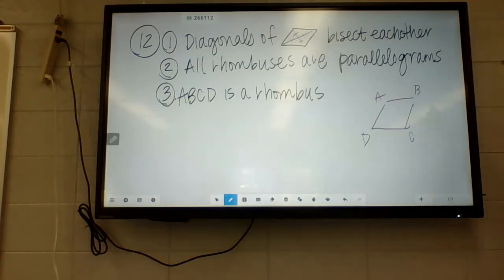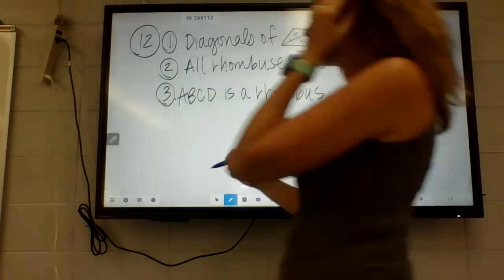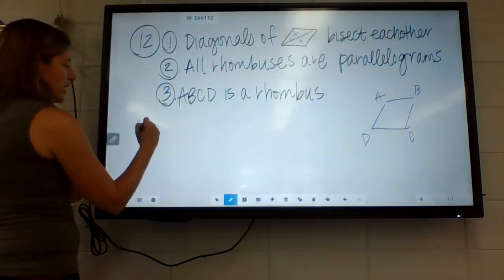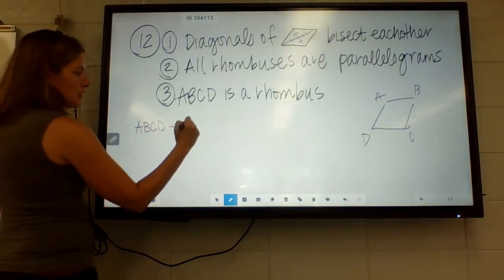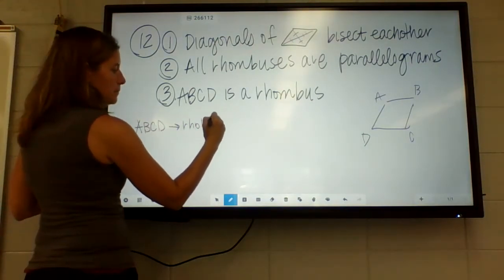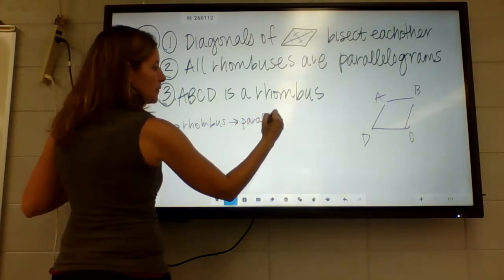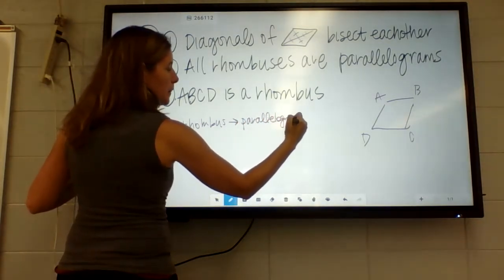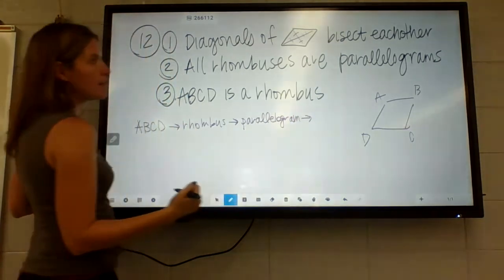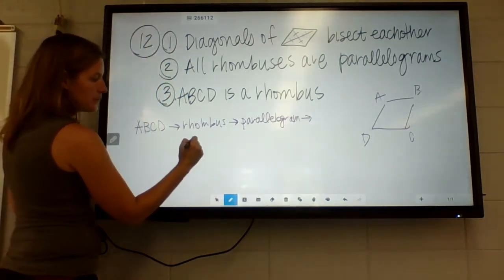It's trying to get you to notice there's a big chain here. ABCD is a rhombus. A rhombus is a parallelogram. And parallelograms have diagonals that bisect each other.